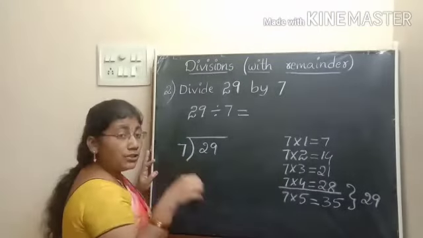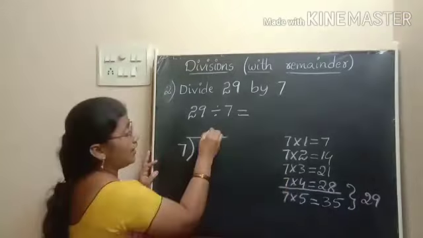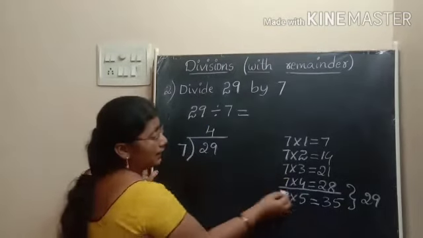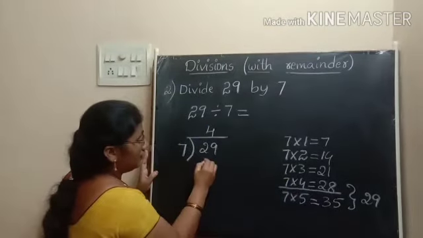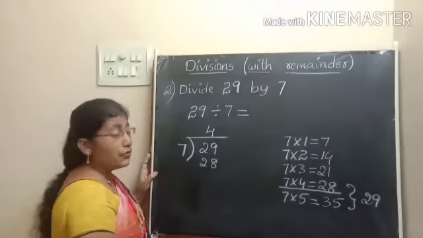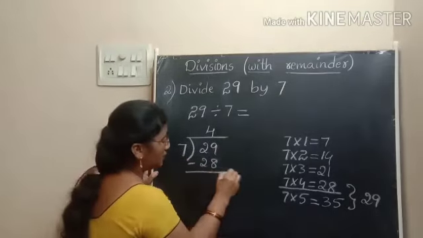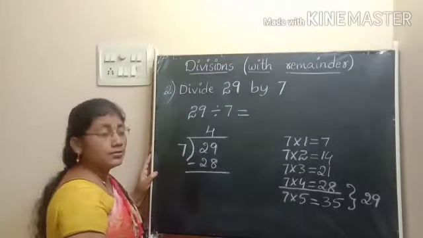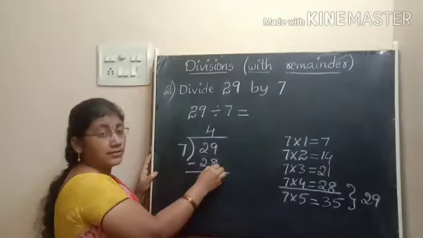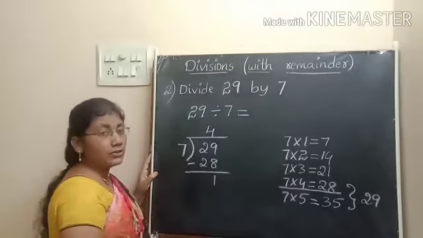And while we are taking this step, we have to write the step number as coefficient and the product as result here. Now we have to apply subtraction on these two lines. 9 minus 8 is equal to 1. 2 minus 2 is equal to 0.